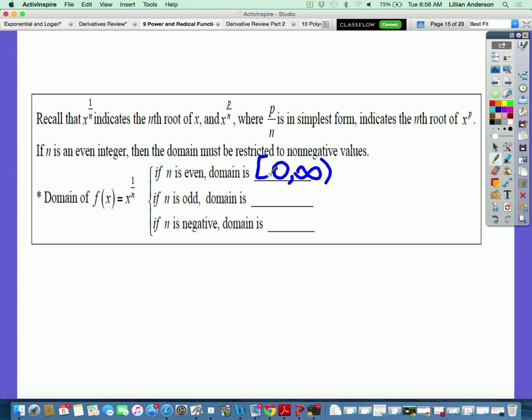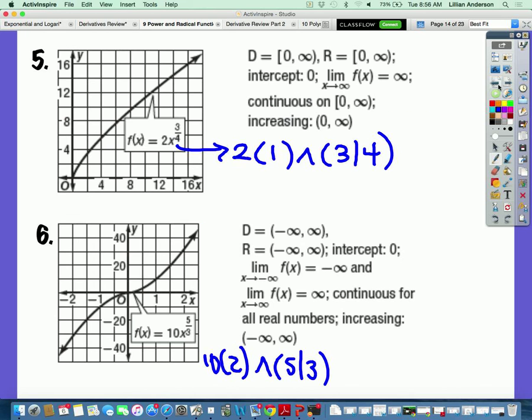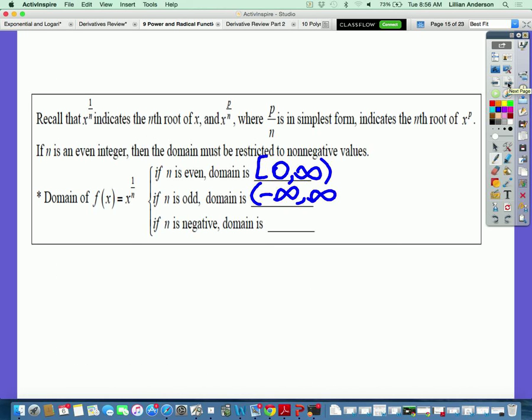And if n is odd, negative infinity to infinity. Look at number 6. n was odd. It was a 3. Our domain was from negative infinity to infinity. You see that? Lastly, it says if n is negative, like our problem of the day, negative infinity to 0.